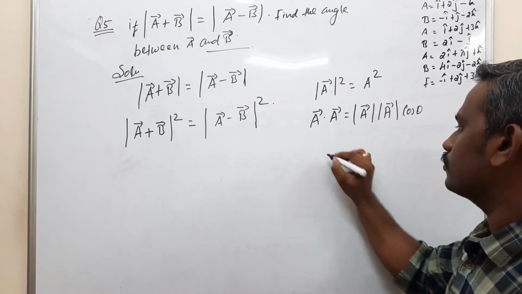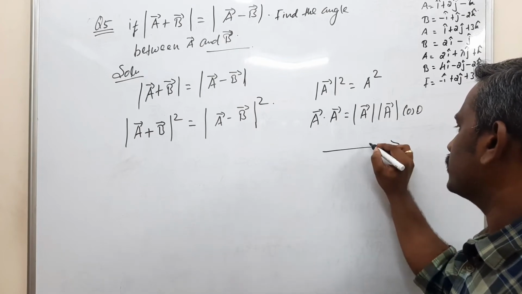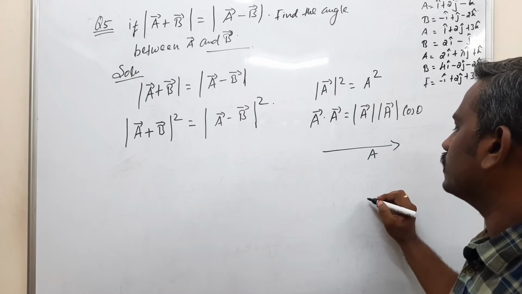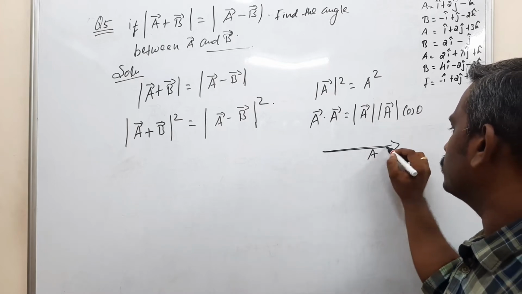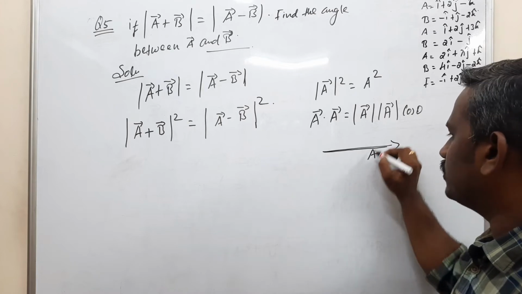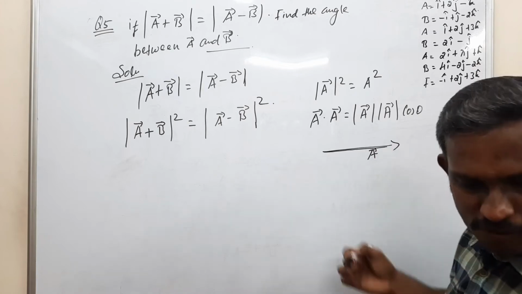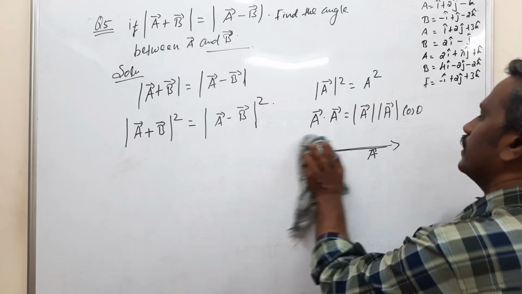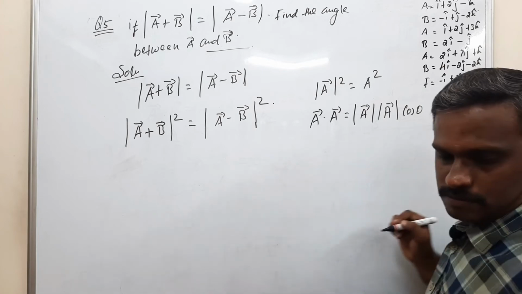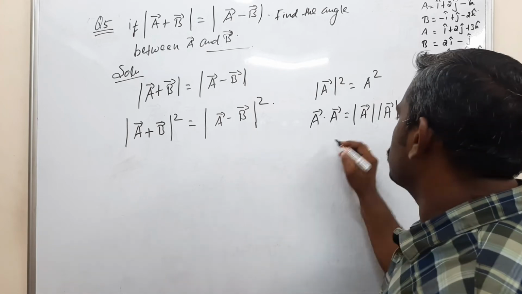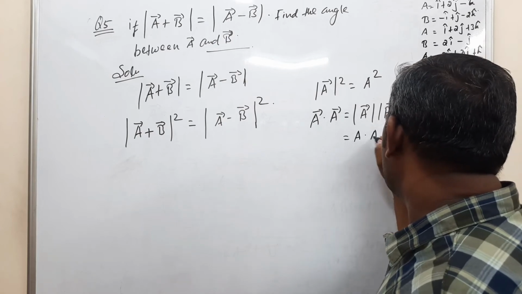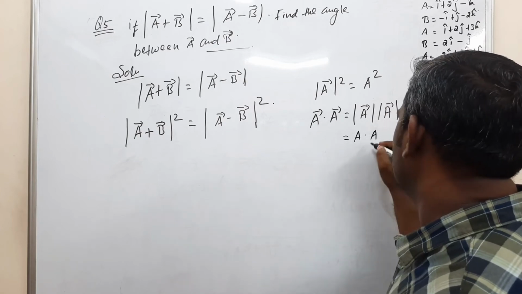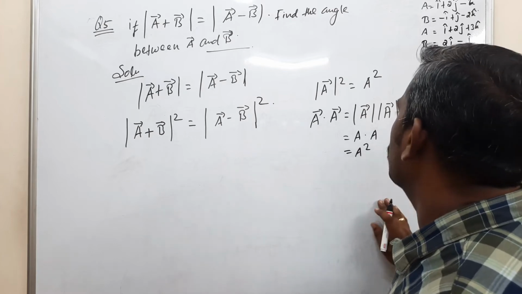Here one vector, this is A vector. Again we are taking the dot product of A vector, so the same vector. What is the angle between A vector and A vector? That is 0 only. So cos 0. What is mod A? Mod A, cos 0 is 1. So we will get A square.